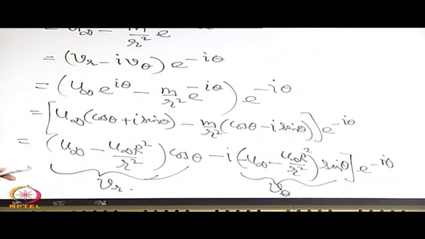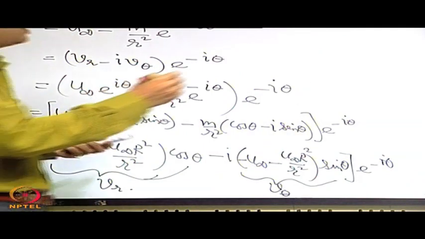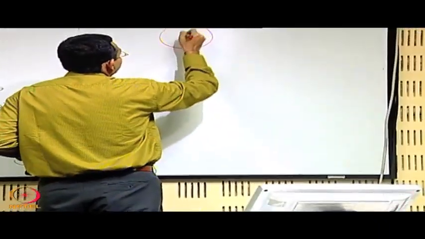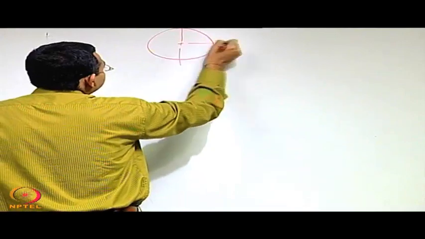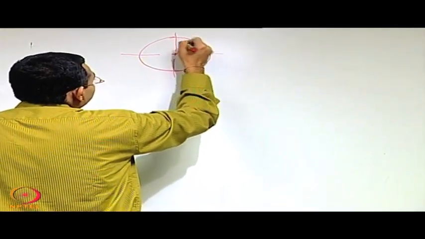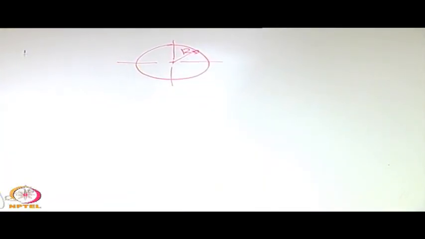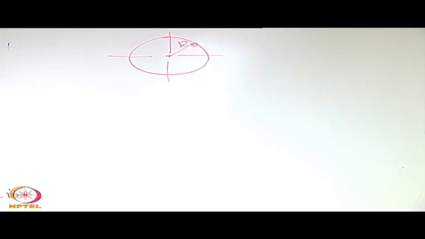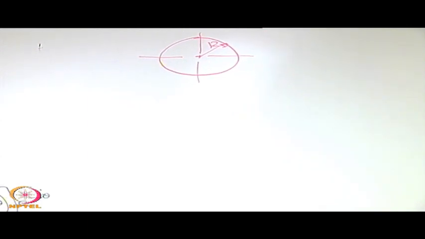So when you consider flow past a circular cylinder, say of a particular radius capital R, we are interested to know what is the velocity at the surface of the cylinder. Remember, this is not a viscous flow analysis, this is a potential flow analysis, therefore no slip boundary condition will not be satisfied. Okay.